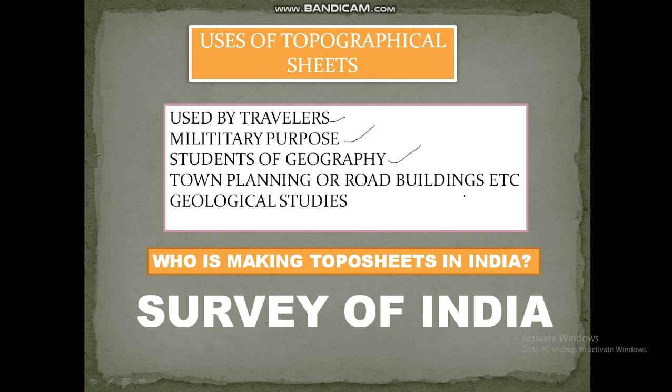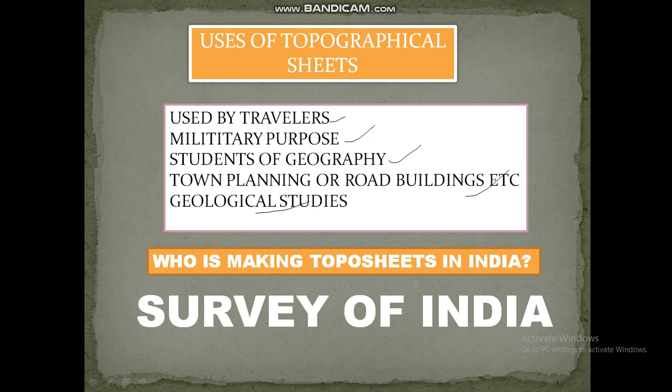It is also used for town planning, because before town planning they have to know the topography of that area, whether water is available, whether it is a dry area or a plain area. It is also used for geological studies, for the study of the earth.